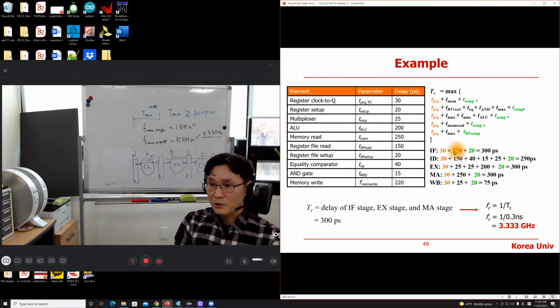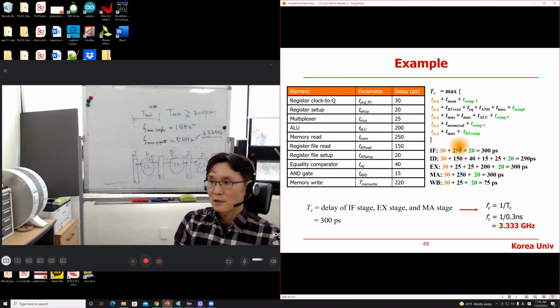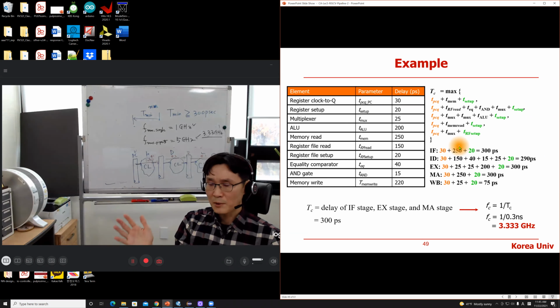We want to somehow reduce the memory access delay. That is achieved by cache memory inside the processor these days. So the next topic will be the cache memory. From Wednesday, we will talk about cache, the memory.